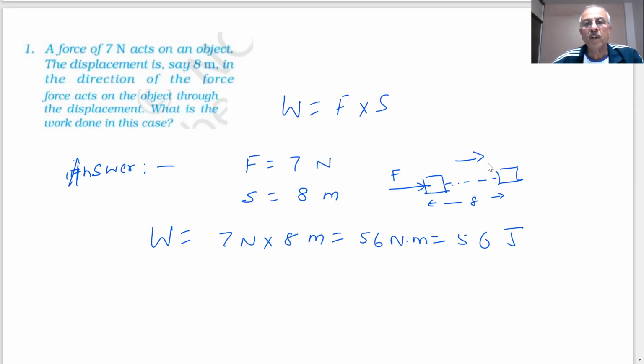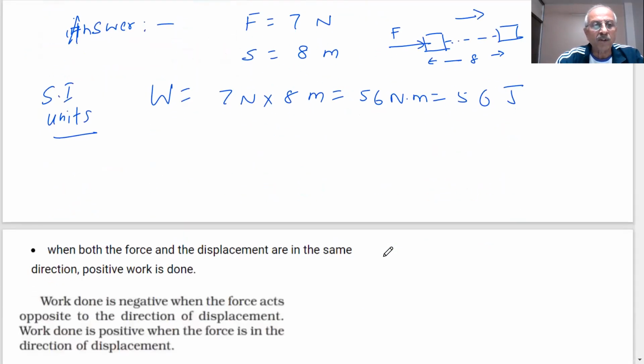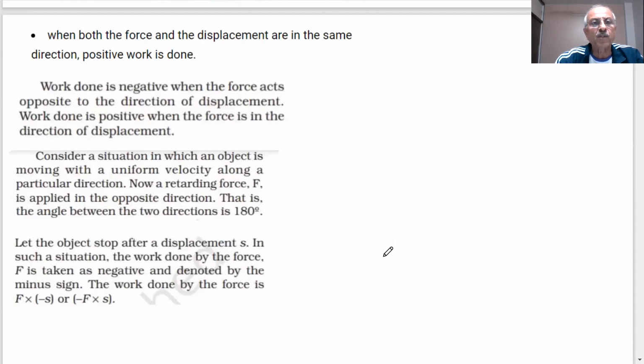F is the force, and you are using SI units. Units are important in different questions. We will have to put the SI units so that you get the work also in SI units. And we also discussed with you some important points, students, last time.